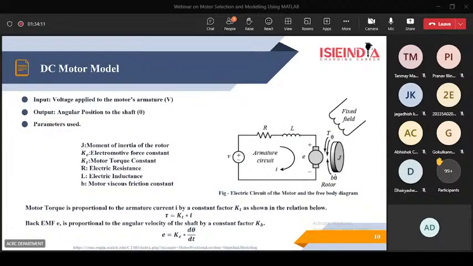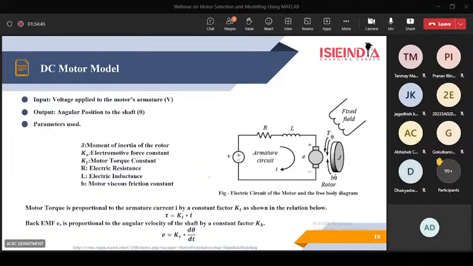So now coming to the motor modeling part. I will be showing this in MATLAB. Here I will do the mathematical modeling of this DC motor. Here we can see I have converted the motor into an electrical circuit, and from this circuit I will get the dynamic equations of the motor, like the electrical and the mechanical equations.